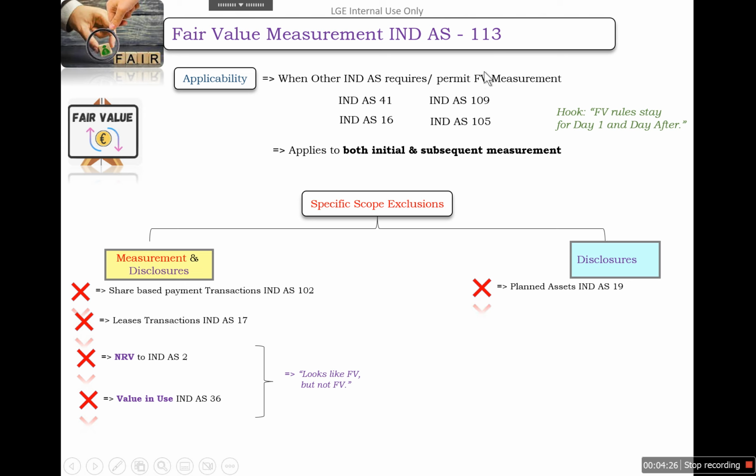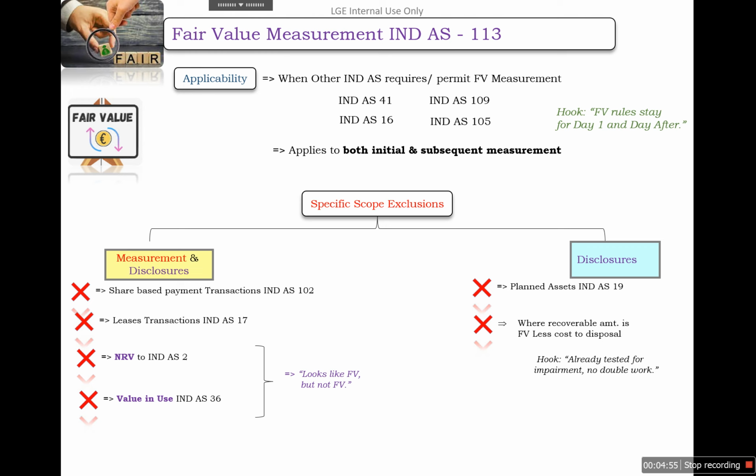Apart from it, there are some exclusions in respect of the disclosures only, but the measurement will be done under Ind AS 113. For example, for plan assets, the disclosures will be according to Ind AS 19, but the valuation will be according to Ind AS 113. Apart from it, where the recoverable amount is fair value less costs of disposal, here also we are not supposed to disclose according to Ind AS 113.